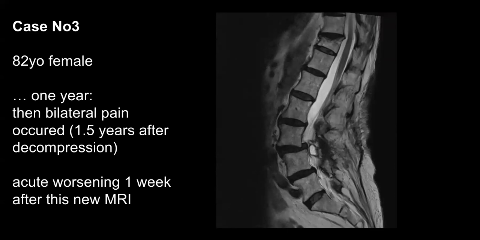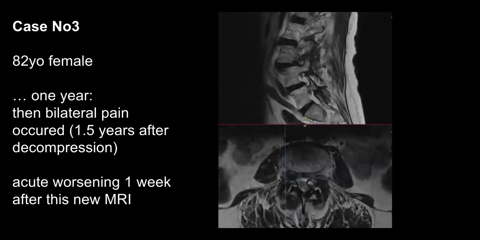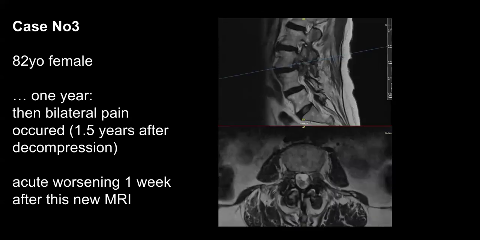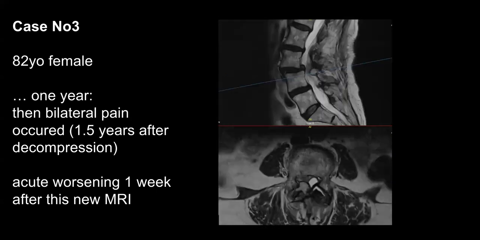And the pain is worsening 1 week after this MRI. And you can see here the cyst is back. Here on the right side, the foramen is very narrow now. You can see here the central canal is still free on this level, but here we have now 2 cysts, one from the right and one from the left.